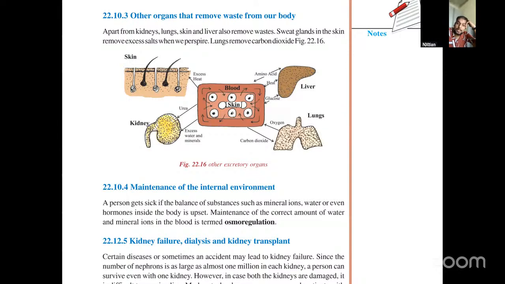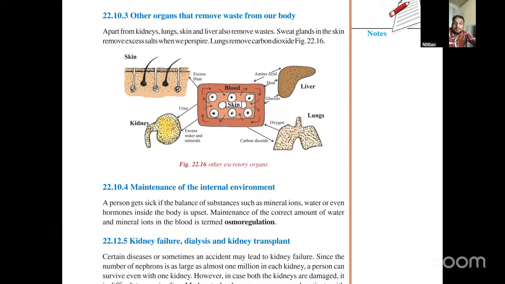Okay. So sweating is also one of the ways to remove waste material from our body. Sweating is the way in which the body releases some salts. If you sweat a lot, you will find that after the drying of the sweat, you will find some namak on your body.